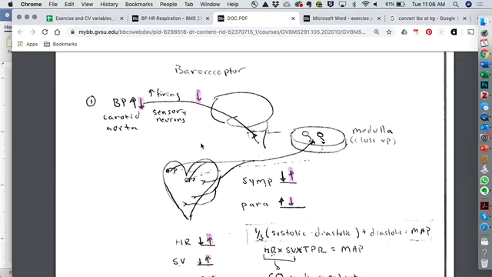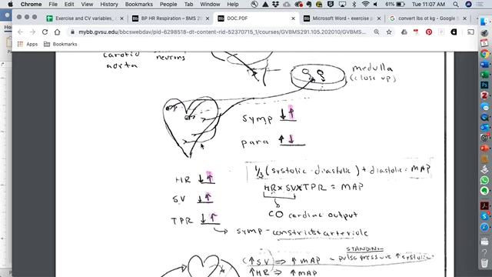This is something we went through before the quiz. You guys asked questions about it, so we talked about how this reflex helps to control sympathetic and parasympathetic innervation into the heart. We talked about stroke volume and heart rate. Great, those are the things that have actually changed.